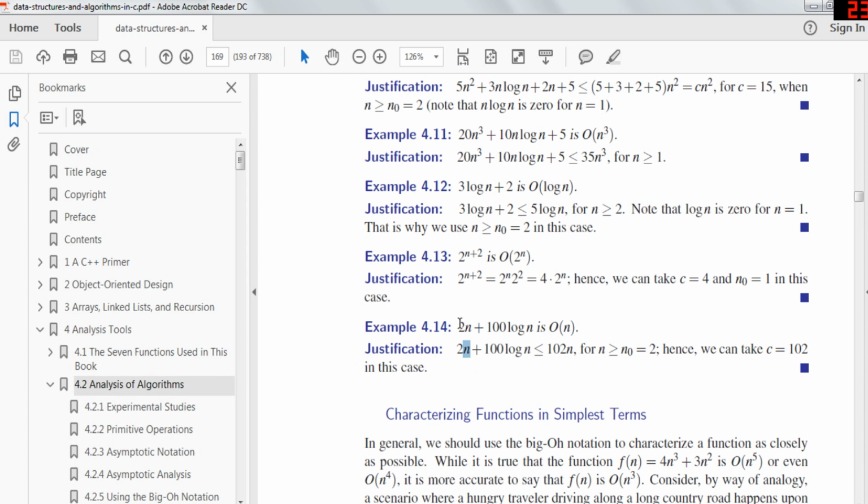As we saw in the previous examples, n trumps n log n, because n is the worst case scenario. We're talking about worst case. So because n grows faster than log n, we consider n here. So that's why it's less than or equal to 102 times n, for n greater than or equal to n naught, which is equal to 2. Hence we could take c equal to 102 in this case.